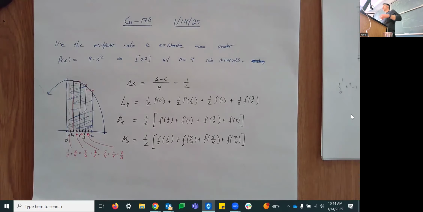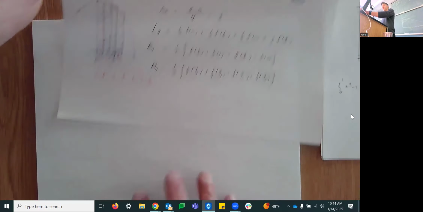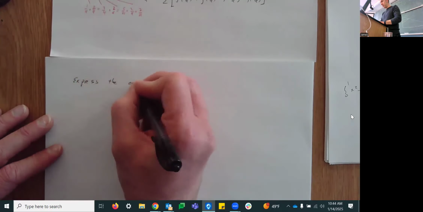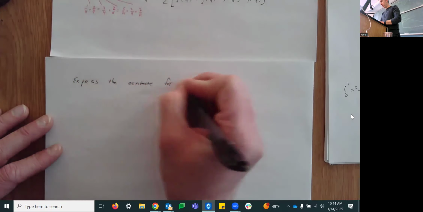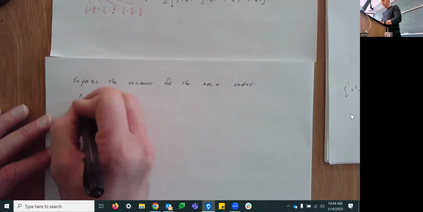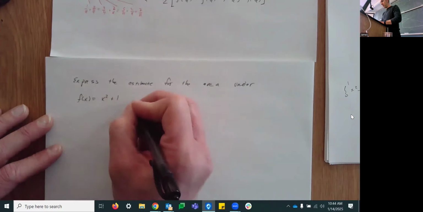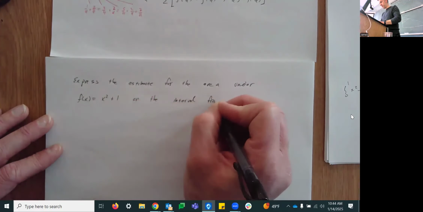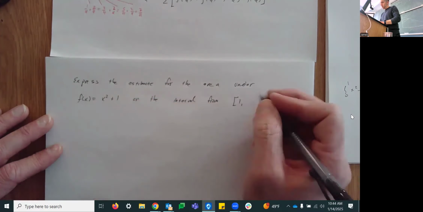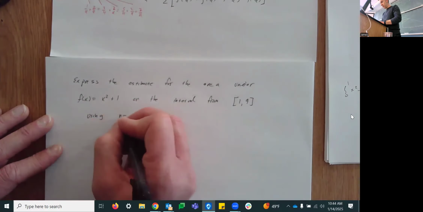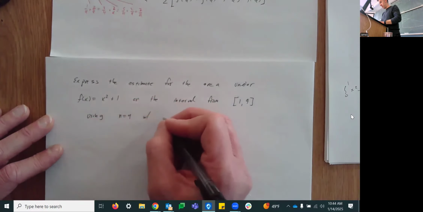So, since there aren't any questions, I'm going to give you one to try on your own. So here's what I would like you to do. Express the estimate for the area under f of x equal to x squared plus 1 on the interval from 1 to 9 using, again, n equal to 4 with midpoints.